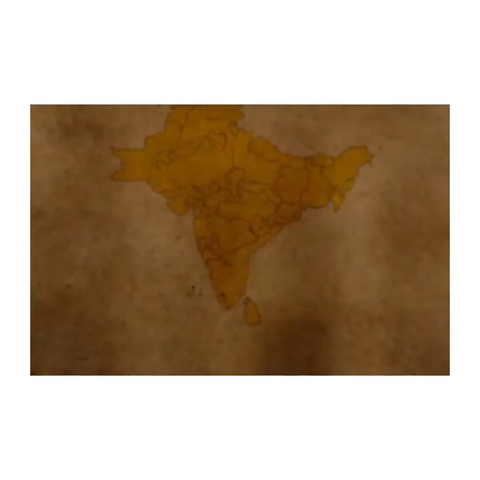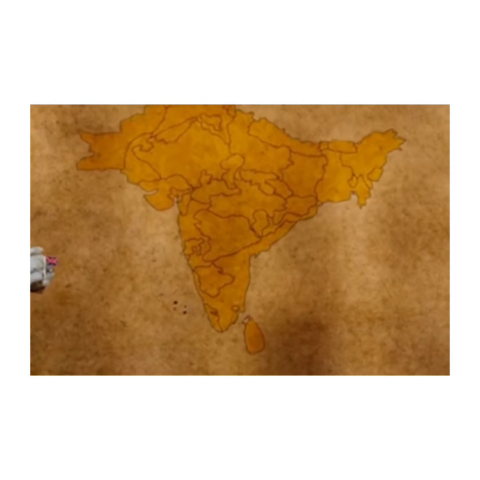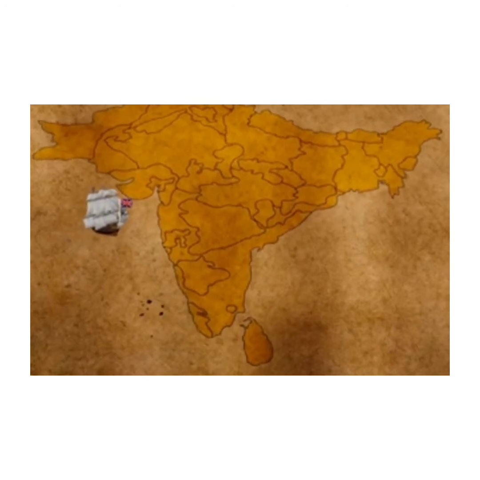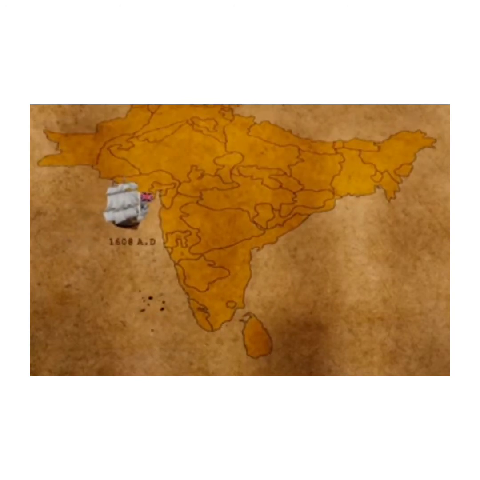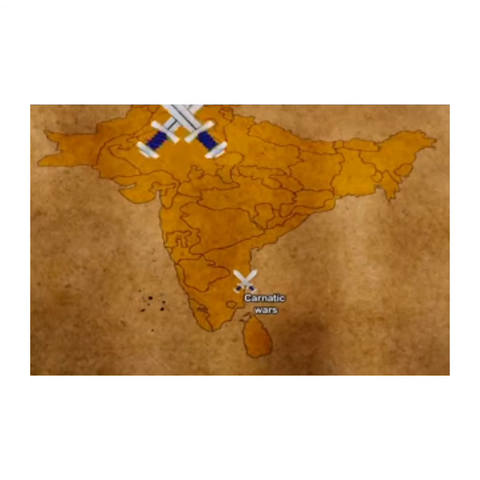In the previous chapter, we have read about how the British began bringing Indian territories under their control, starting with the Battle of Plassey in 1757. A century after the British won the Battle of Plassey, a momentous event occurred.